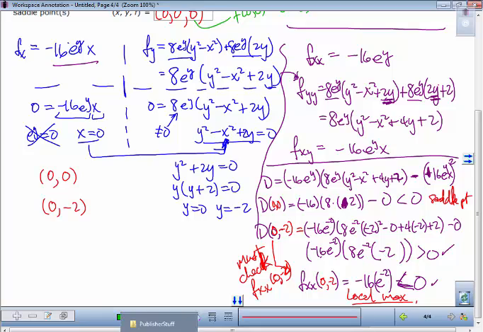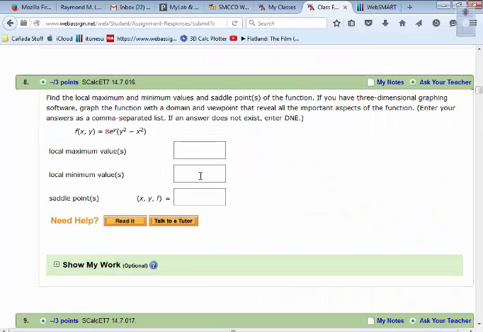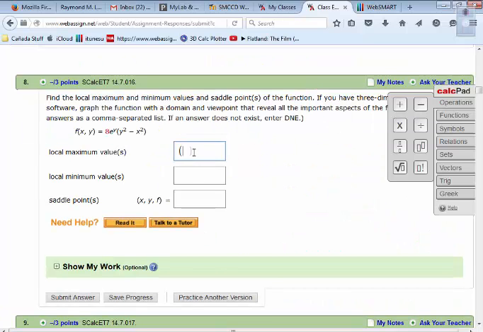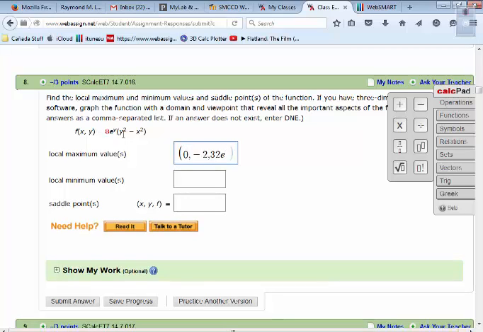So let's check our answers, and then let's sketch the graph. Zero, comma, negative 2, comma. If I put 0 in for x, I have negative 2 squared is 4 times 8 is 32 times e to the negative 2 power.